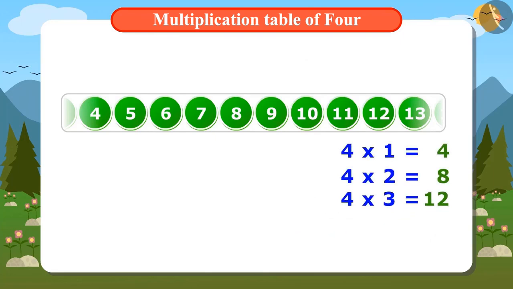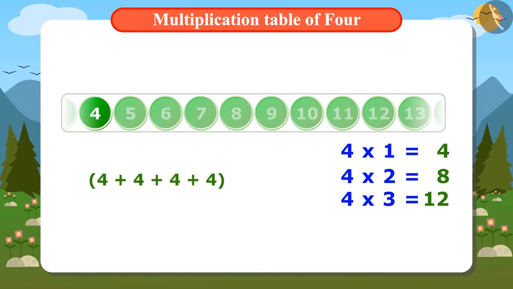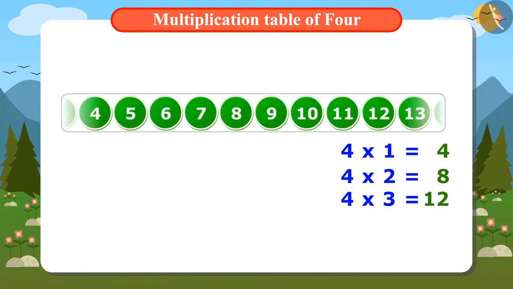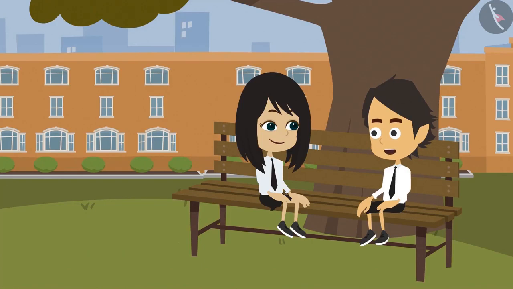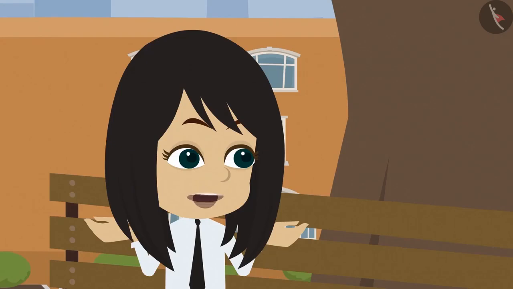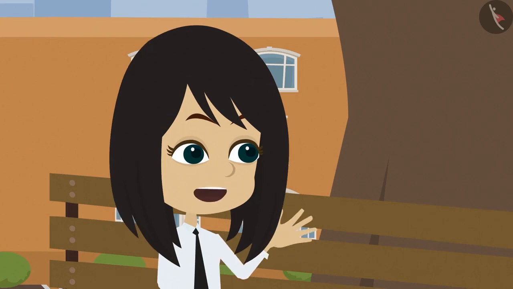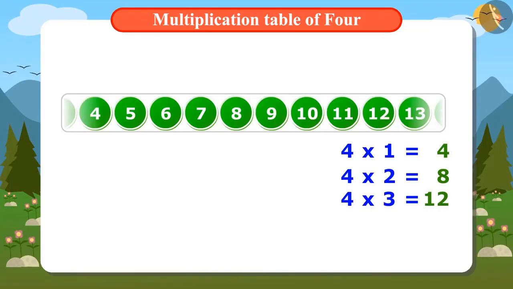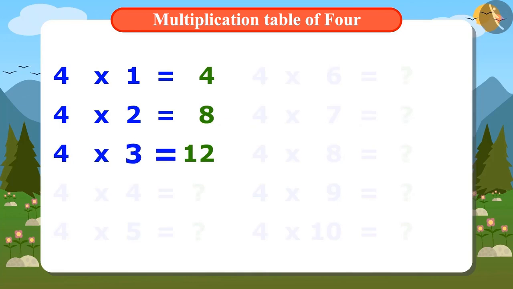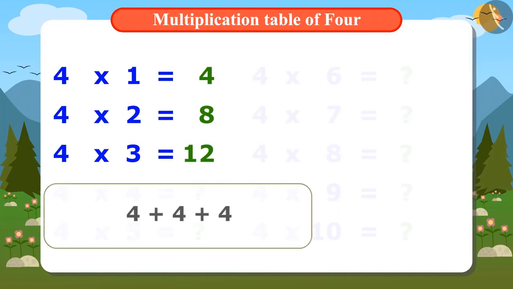Now to find out the next number, we will add 4 times. Wait, Neha. I don't think we need to add 4 times. Then how do we find out what 4 times 4 is? Look, to find out 4 times 3, we have added 4 3 times, whose answer is 12.